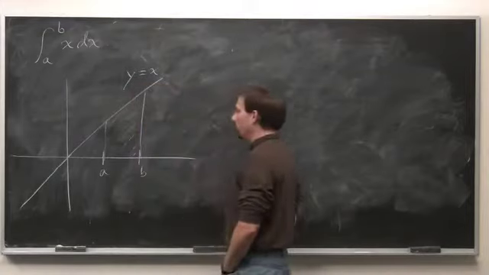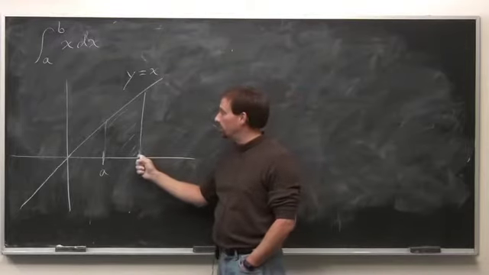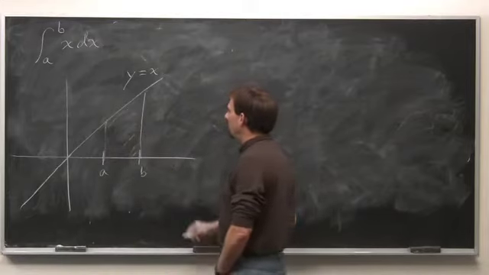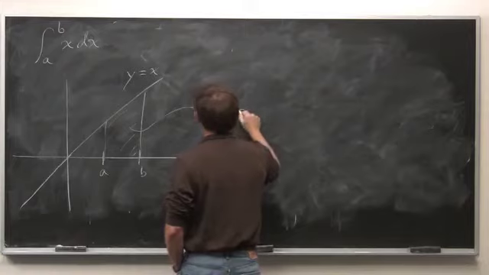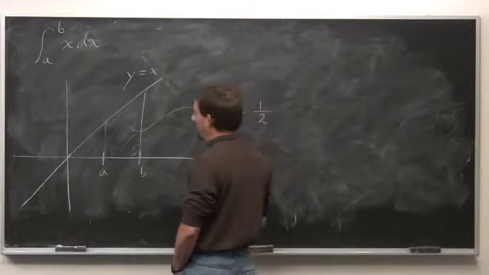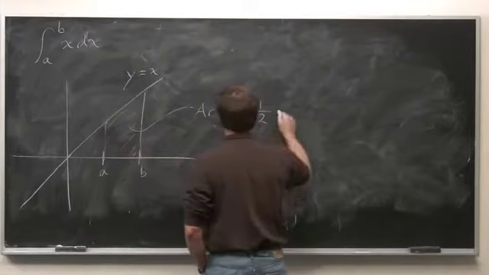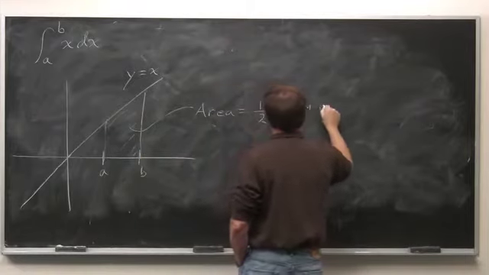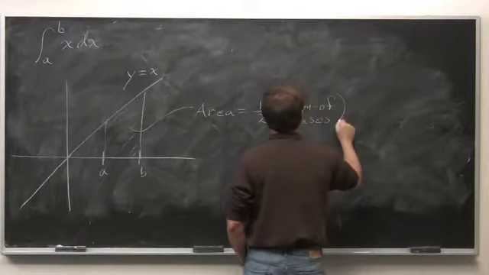Oh, but we know how to calculate areas of things like that. That's a trapezoid. So a quadrilateral with two parallel sides, the area of such a thing is 1/2 the sum of the bases. The bases are the parallel sides. 1/2 the sum of the bases times the height.